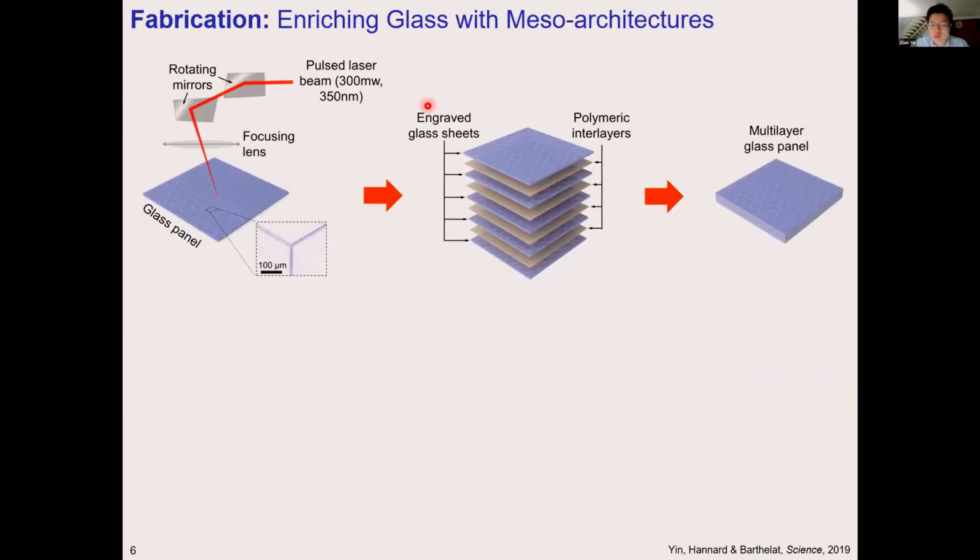For fabrication, to generate highly controlled architectures, we use laser engraving to carve micro cracks into the glass sheet, and those micro cracks will form an array of micro cracks, like weak interfaces, and then it will form the structures as we wanted. And then we laminated those engraved glass sheets together in a highly controlled way, and then we can form three-dimensional structures.